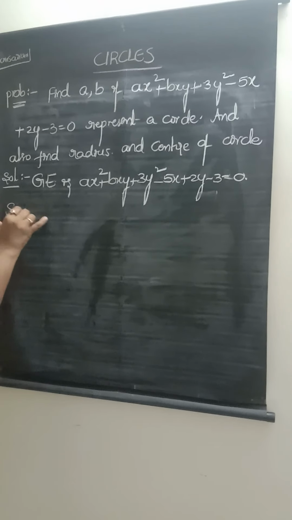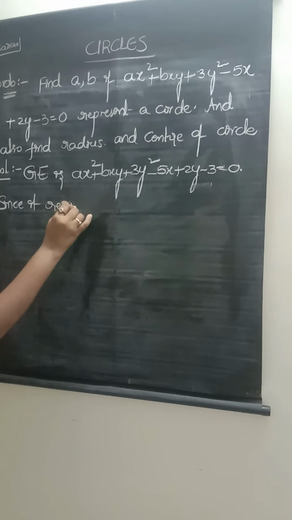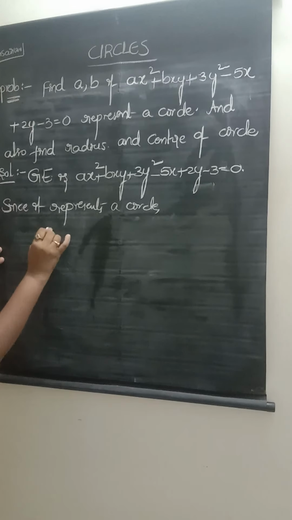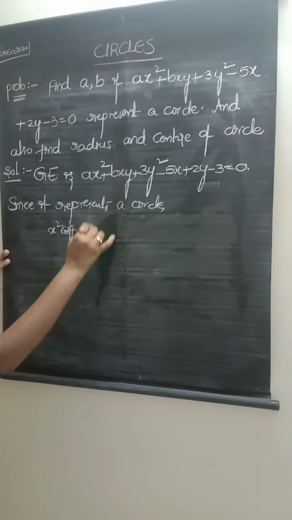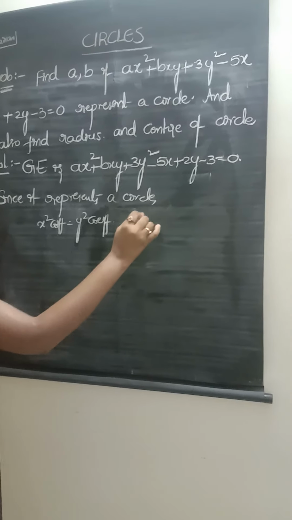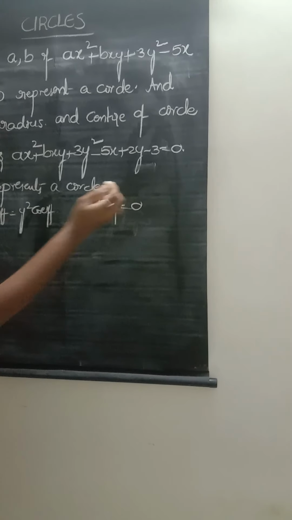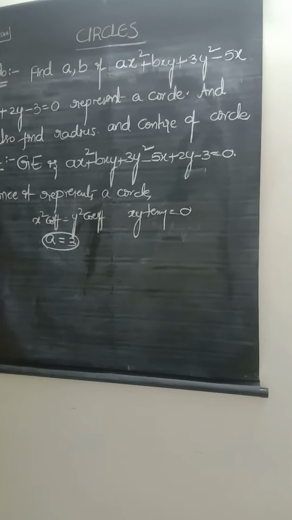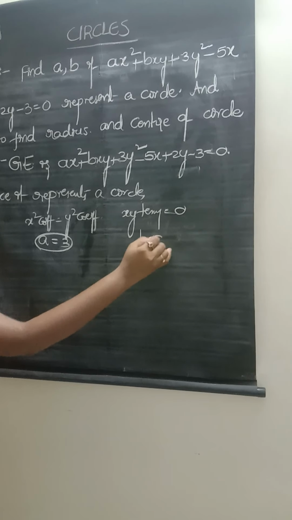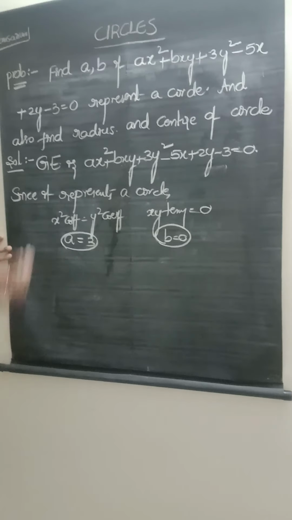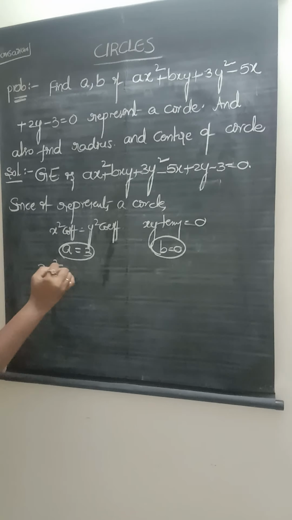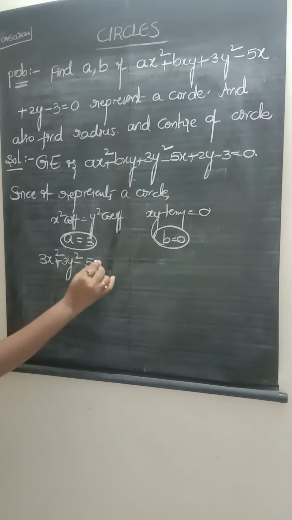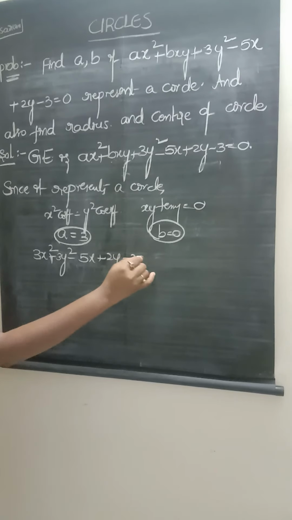The x² coefficient is a and the y² coefficient is 3, that is, a = 3. The xy coefficient is b, so b = 0. Therefore, the equation becomes 3x² + 0·xy + 3y² - 5x + 2y - 3 = 0.